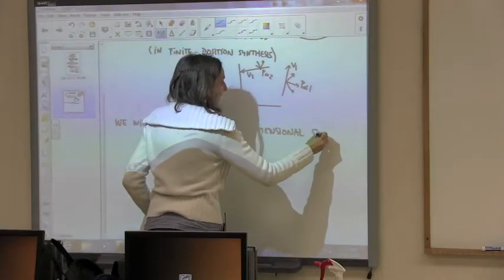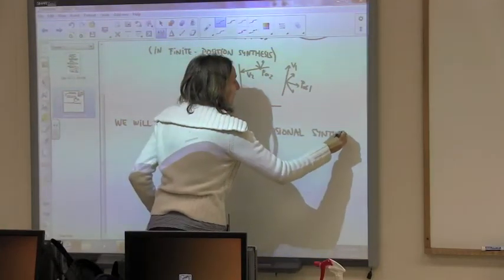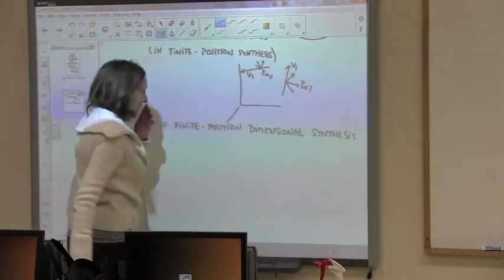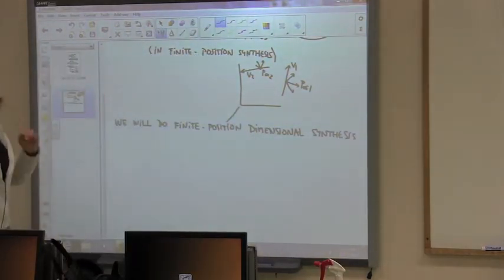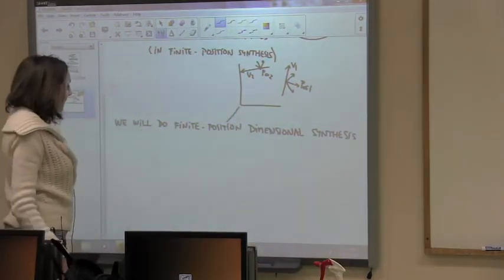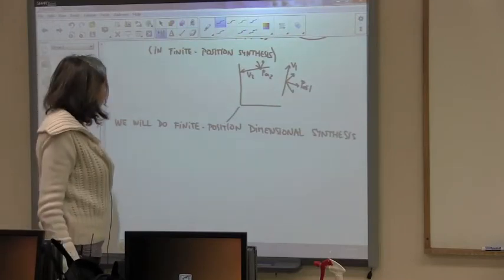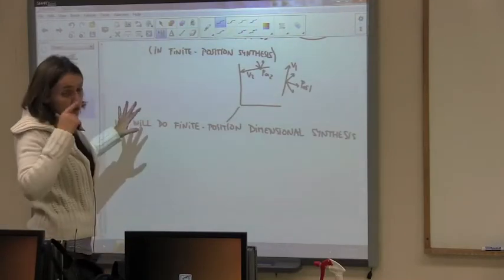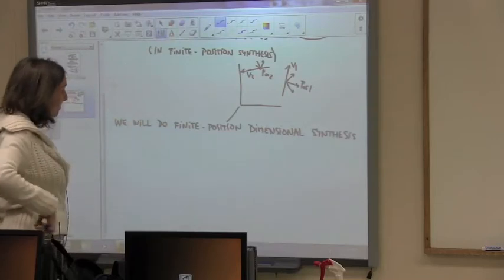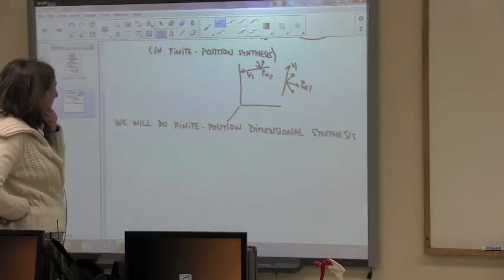The name becomes longer and longer, the more you define it. Finite position dimensional synthesis of robots. We will start just with positions, no velocities and accelerations. We may add those later if we have time.